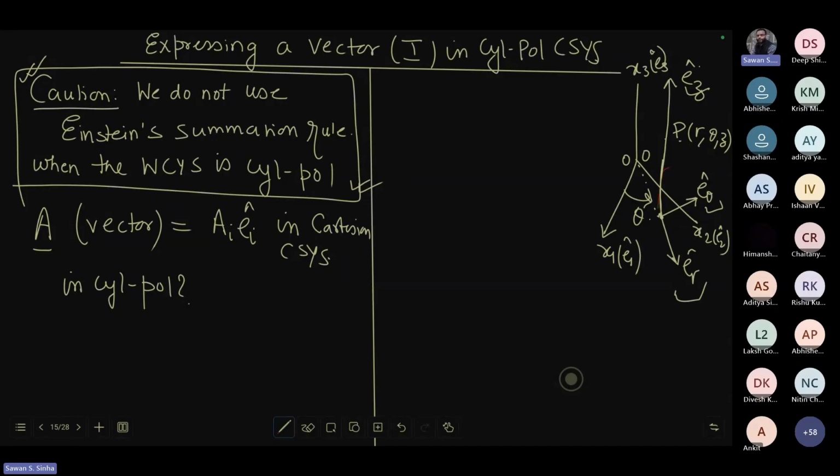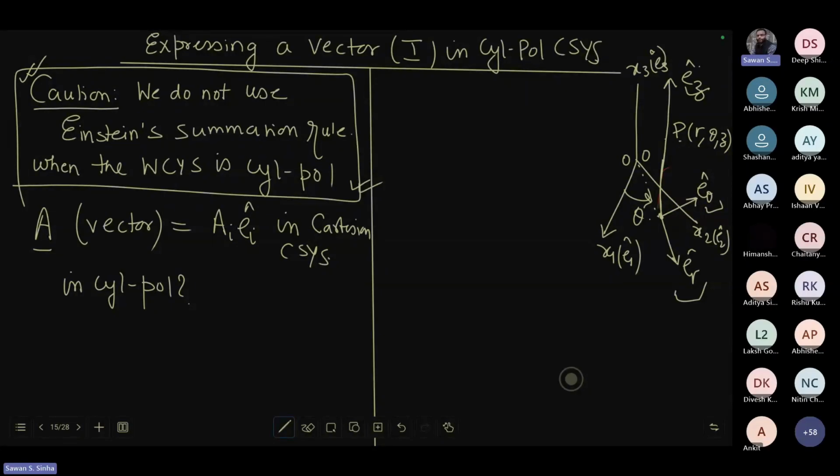Whatever we have learned about Einstein's summation rule in the morning, we are going to restrict to that, and keep in mind that with that much information, you must not use this Einstein summation rule for cylindrical polar. So in cylindrical polar, if you have to express a tensor, a vector, be ready to write full expressions. Whether it is 3 terms, 9 terms, 27 terms, whatever it is, you should be ready to write the full versions. Okay.